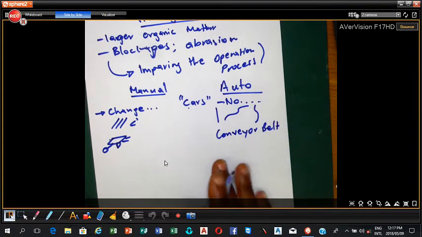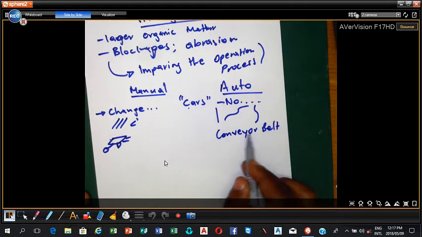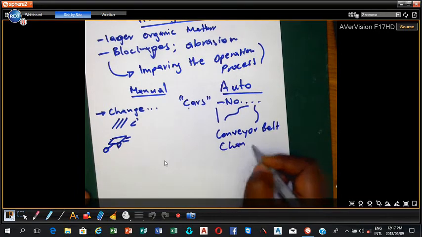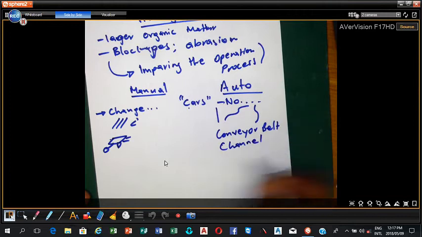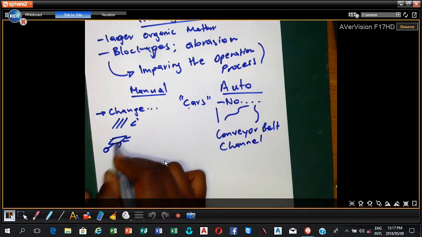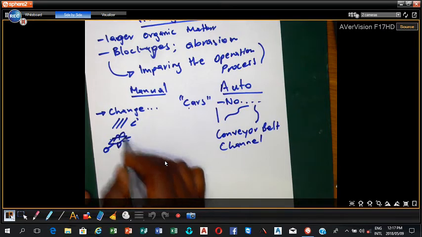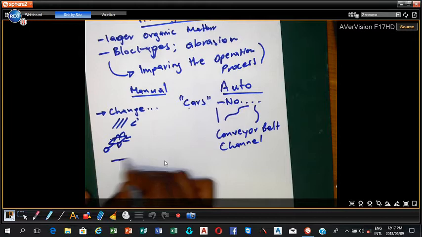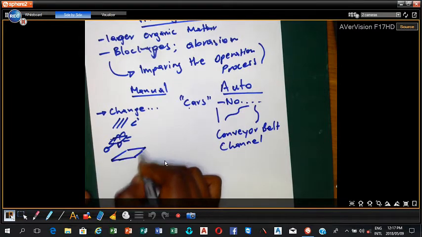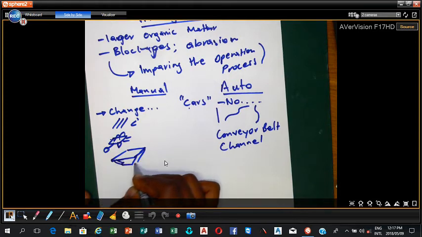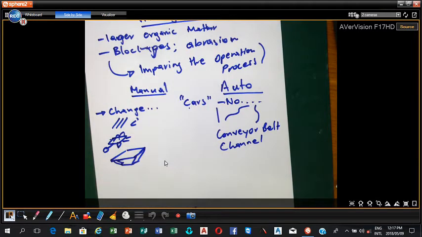Now, a conveyor belt will channel the screenings to a channel where they are collected in, and then here you are picking it up through the wheelbarrow, and then you take it to the nearby bin, which is primarily for the screenings to be collected.